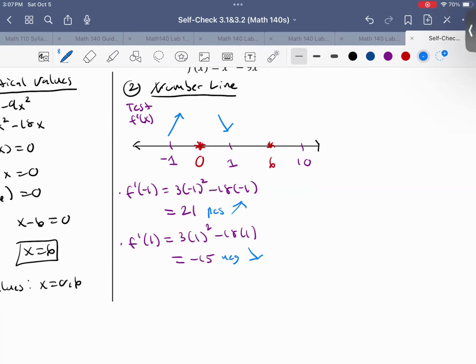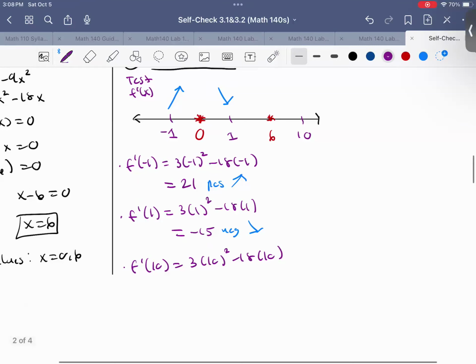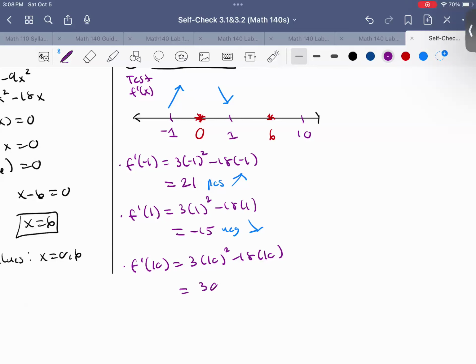All right, last one is 10. So I'm going to plug 10 into this. That would be 3 times 10 squared minus 18 times 10. This ends up being 300 minus 180, which is 120. This is positive, which means it's increasing.